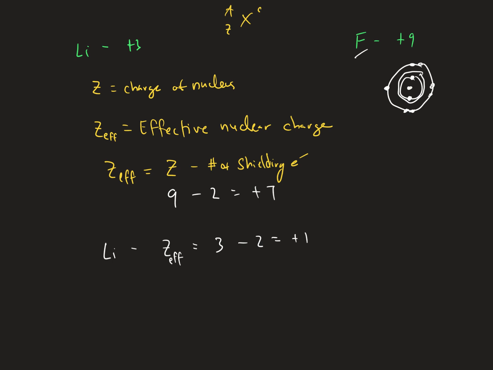It's a rare earth magnet that's really strong. If you play with them, you might get blood blisters. They're very strong, a huge, strong magnet. This is like fluorine. It has a nuclear charge of +9, or we could say an effective nuclear charge of +7, right? And this is like lithium, which has an effective nuclear charge of +1, a weaker magnet.